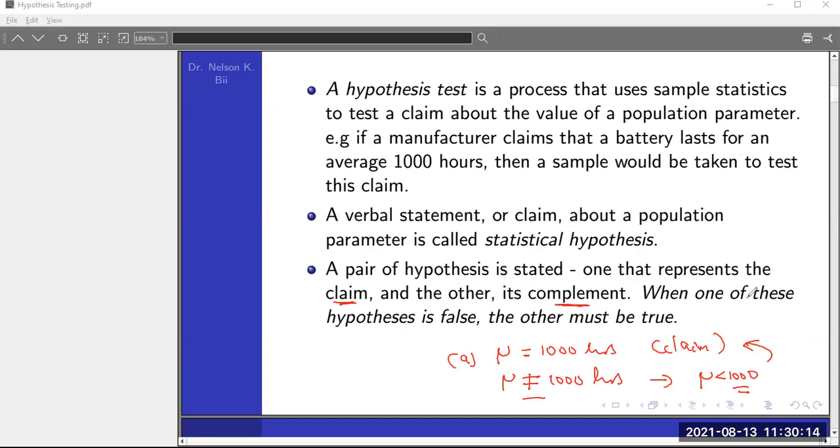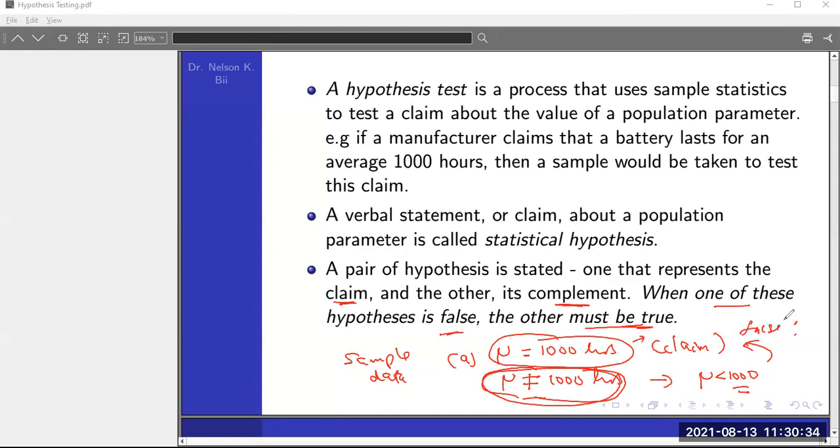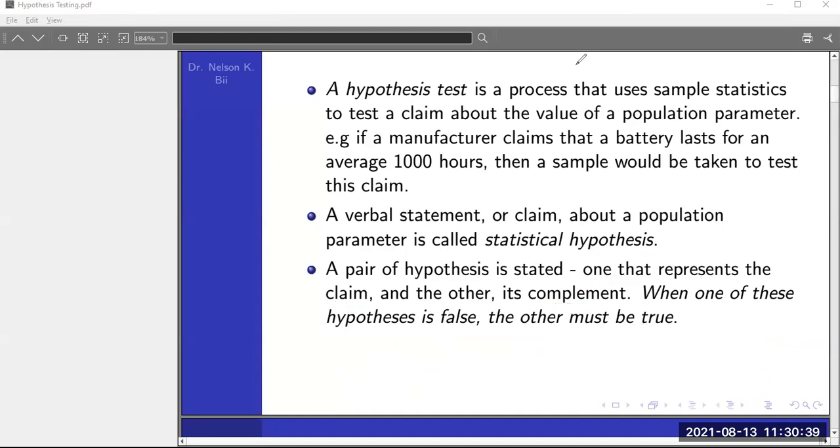And when one of these hypotheses is false, then the other one must be true. So if this is true, based on the sample data that is given, then this one is false. And if this is true, then it means the claim by the manufacturer is false. So we shall see the procedures of carrying out the hypothesis testing from the formative stage to the conclusion stage.